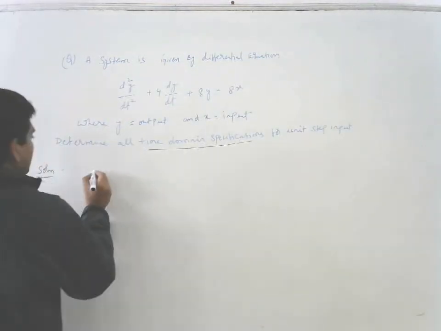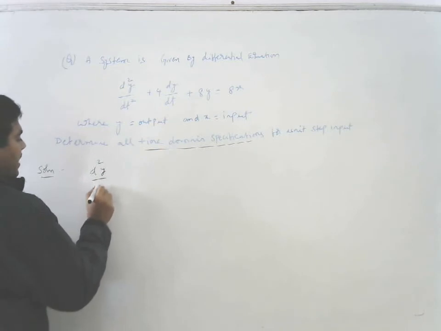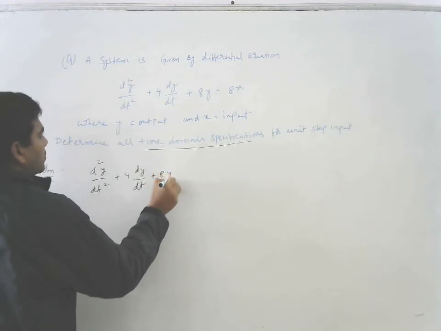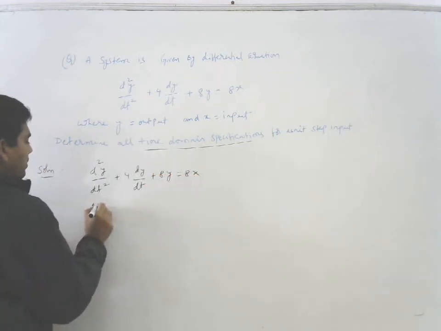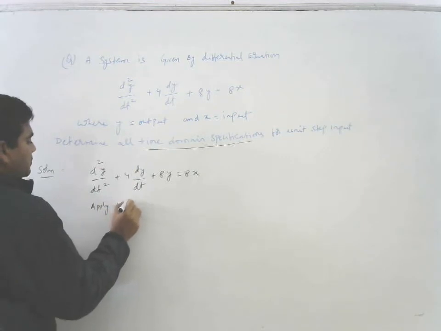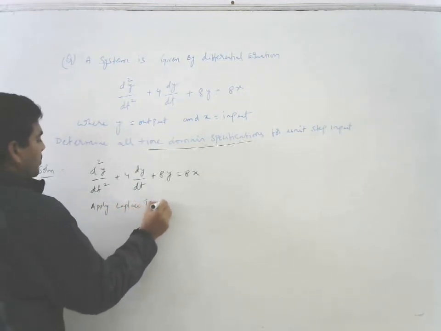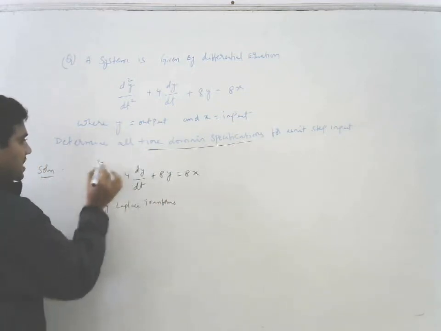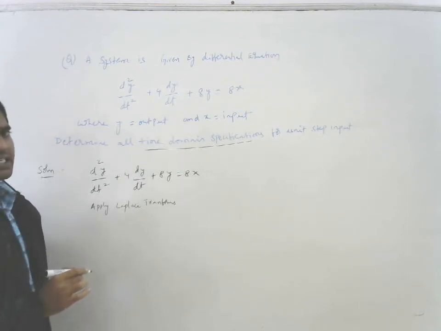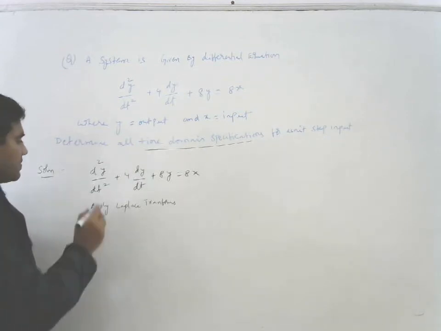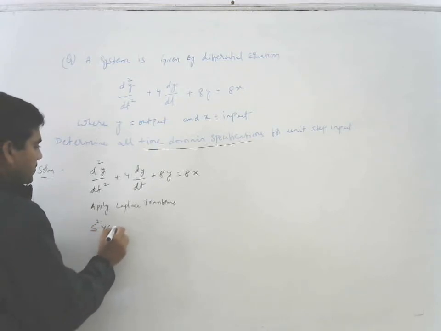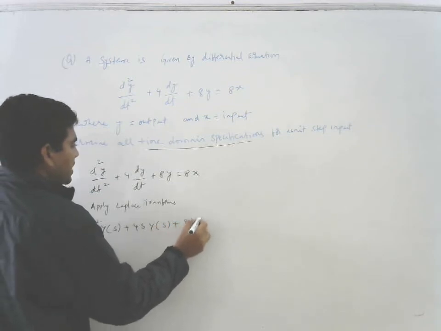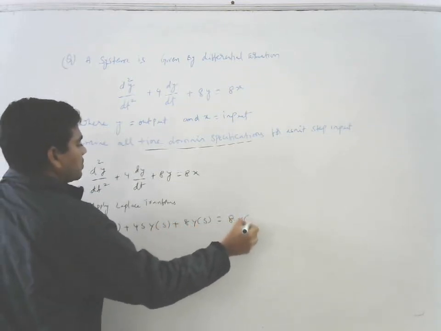Now take this differential equation d square y by dt square plus 4 into dy by dt plus 8y equal to 8x, and apply Laplace transforms. The Laplace transform of d square y by dt square is s square. That means we get s square y of s plus 4s into y of s plus 8 into y of s is equal to 8 into x of s.